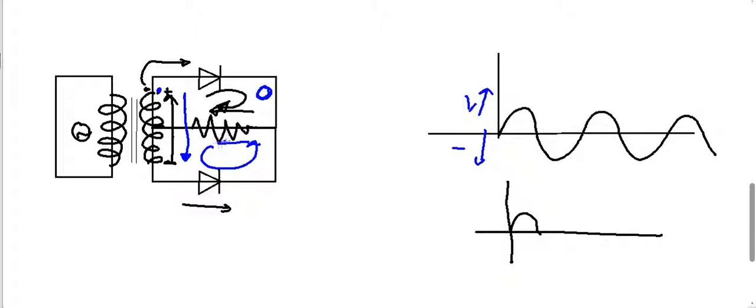So again in the second half, the current through the resistor will flow in the same direction, from right to left from our side. Even during the second half the current will flow from right to left, and this is because of the lower diode.